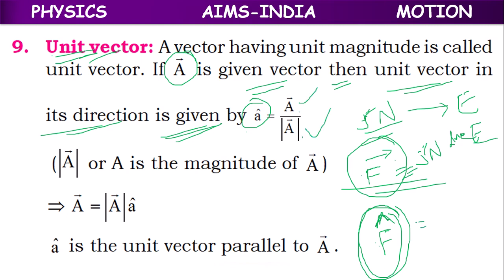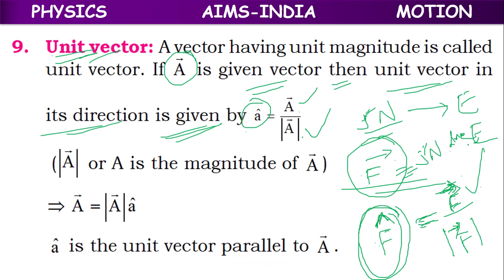For calculating the unit vector, we have to divide the complete vector with its magnitude and direction by its magnitude, modulus of F bar. F bar means the complete vector with magnitude and direction. Modulus of F bar means only magnitude, no direction.